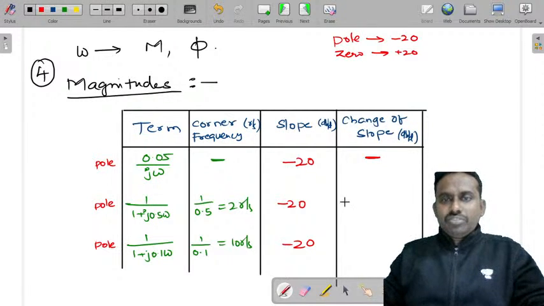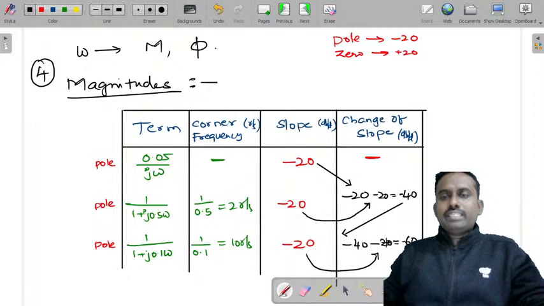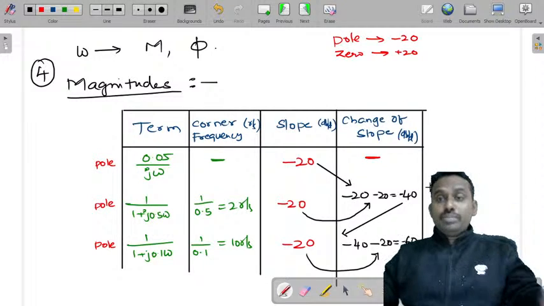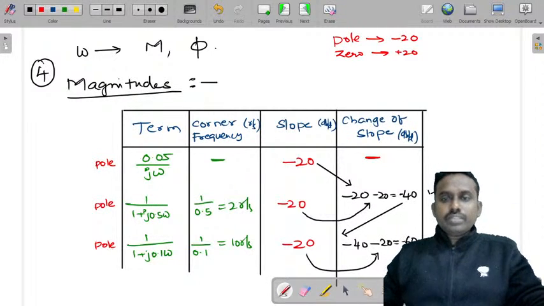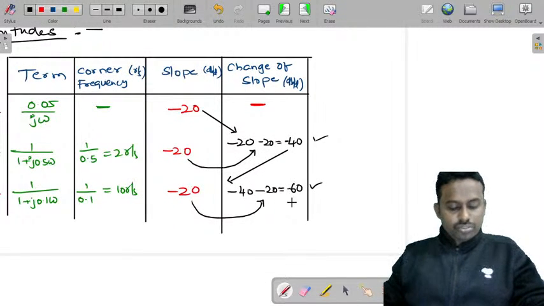For the second case, consider this slope and minus 20, add this to this, minus 20 will be minus 40. Similarly for the next case, bring this here, that is minus 40, and add the present slope, minus 20. So minus 60 is the change of slope. This change of slope is required to calculate the magnitudes.